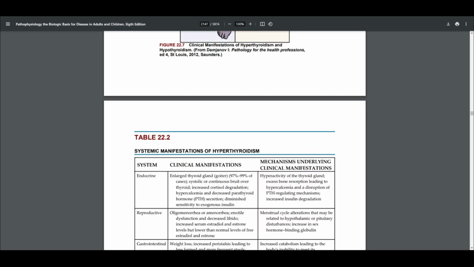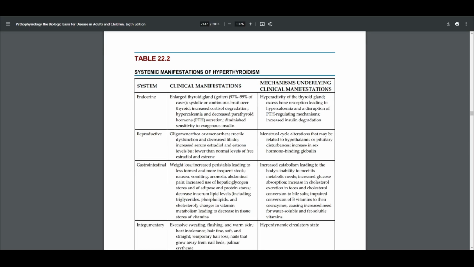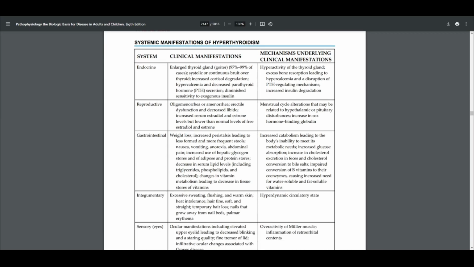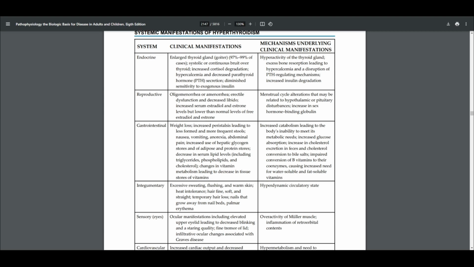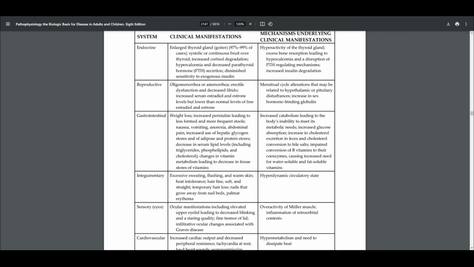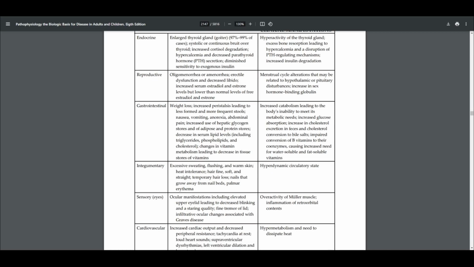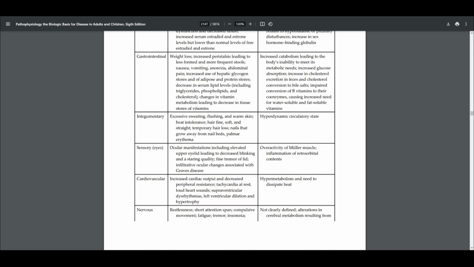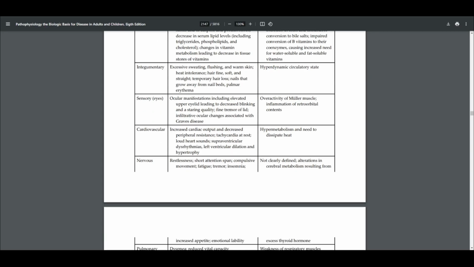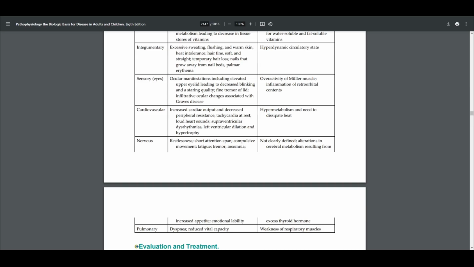And then here's Table 22.2. So the systemic manifestations of hyperthyroidism have effects on the endocrine, reproductive, gastrointestinal, integumentary, sensory, cardiovascular, nervous, and pulmonary systems.